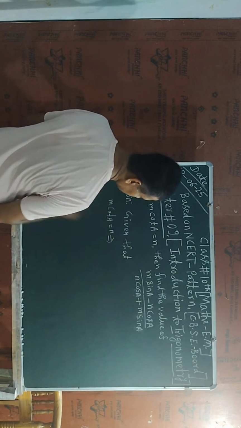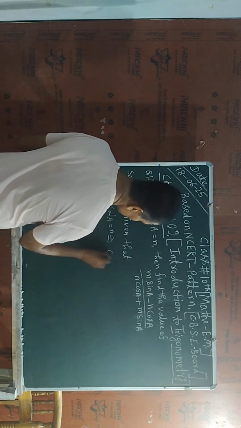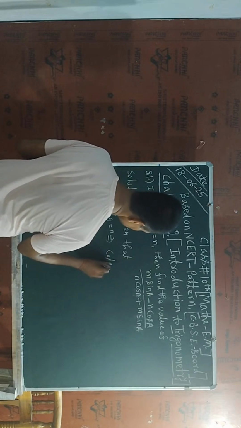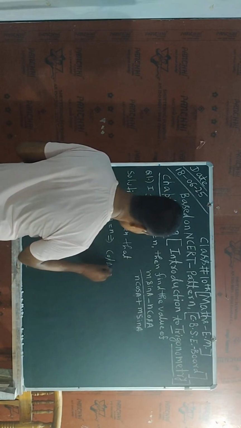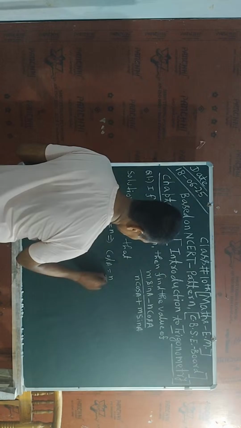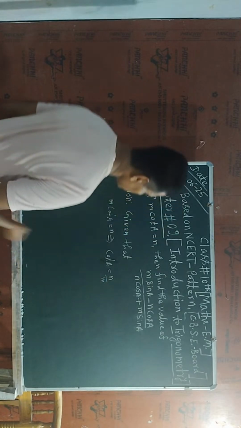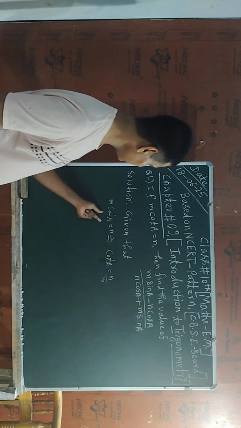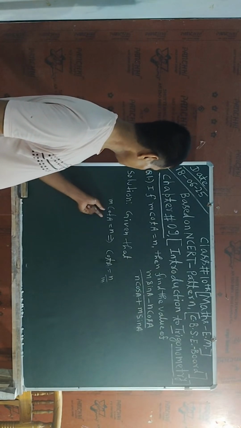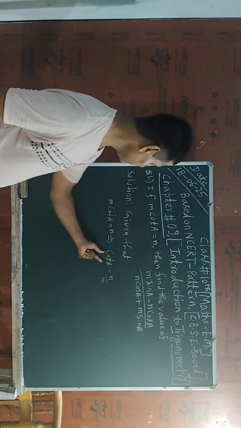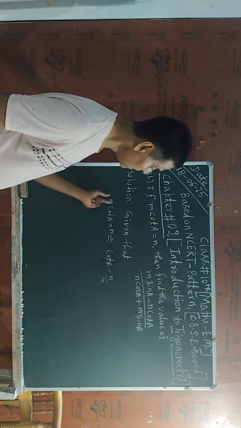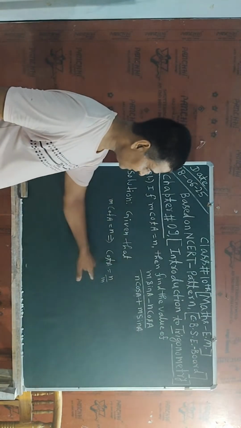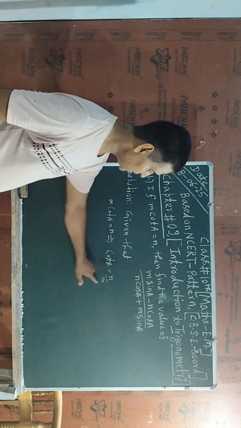So I can write here cot A is equal to n divided by m, because m is multiplied with cot A, which is equal to n. Now cot A I will write on the left hand side and m I will place on the right hand side. Here is multiplication, so it will go to the right hand side, so n is divided by m.